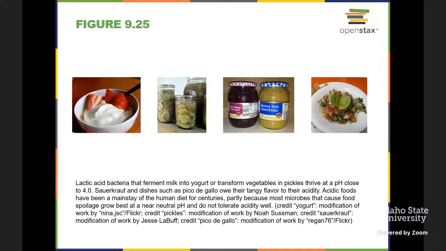The lactic acid bacteria have started to break it down and ferment, giving you the nice tang. You throw some spices in there, some peppers, and then you get your kimchi. Same idea. It's just flavored very differently.